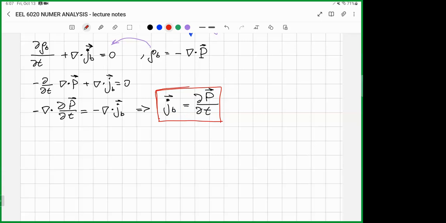So this is the polarization current. In contrast to the displacement current in free space, now we have this polarization current, which is created by polarization of the atoms. All right.